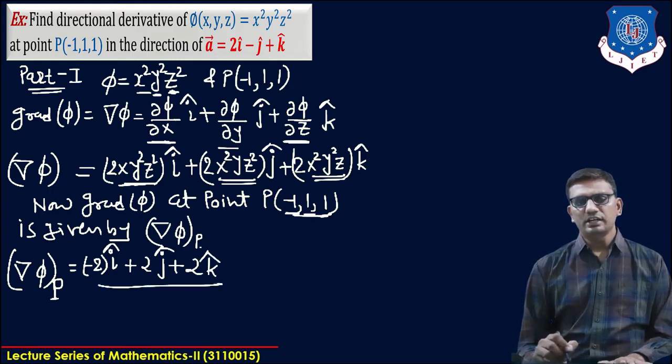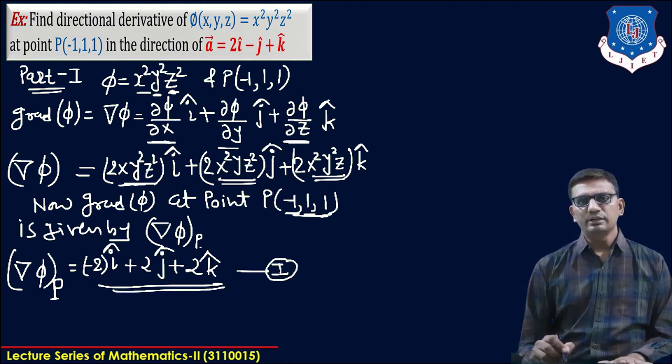So this is our gradient at the particular point P, minus 1, 1, 1. This is result number 1.